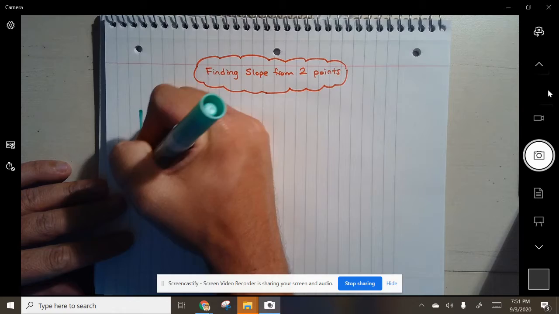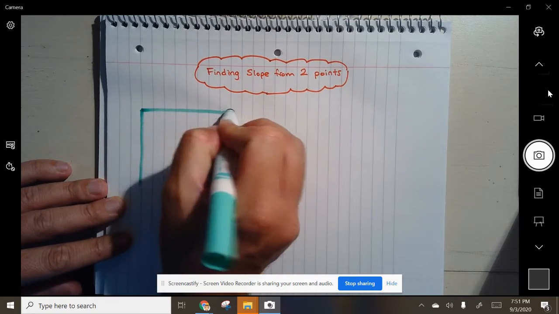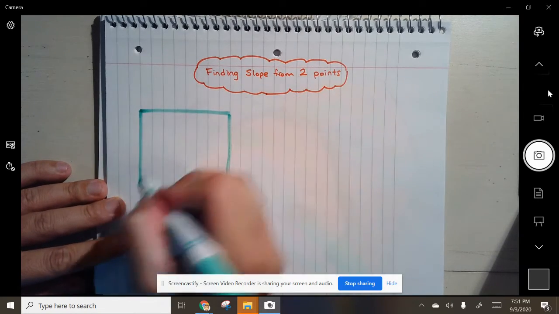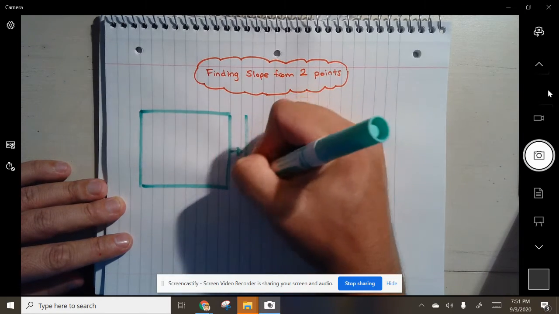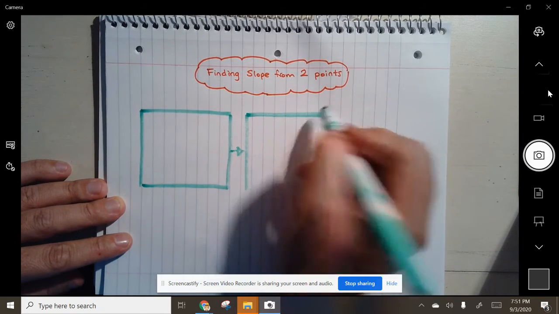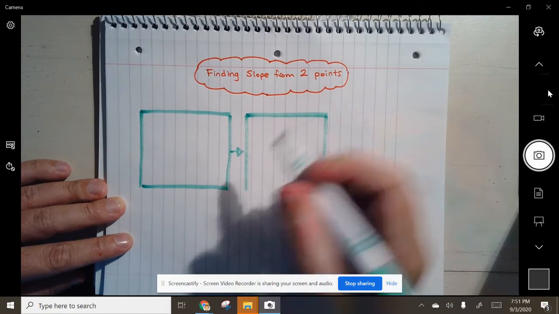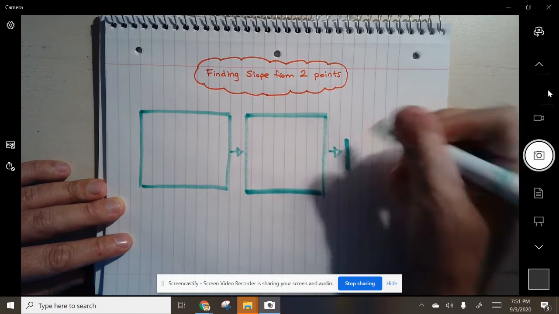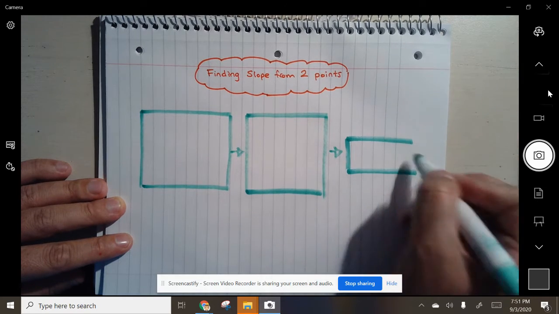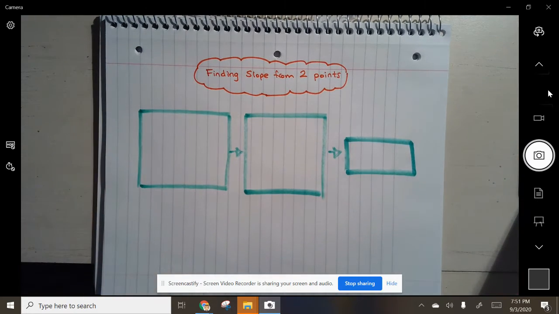So it's really only 2 boxes, but I put a third one here just for fun. All right. So those are your boxes.